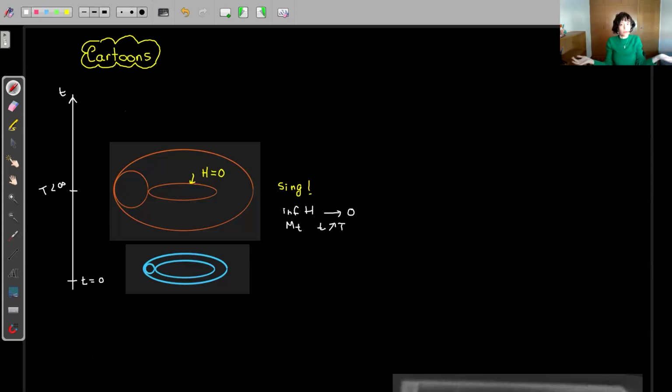But in that case you cannot continue, and you want to flow beyond singularities.